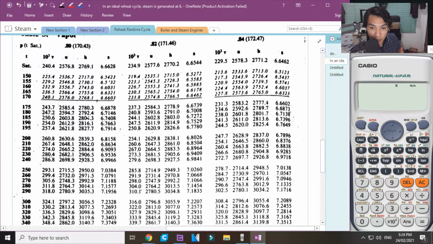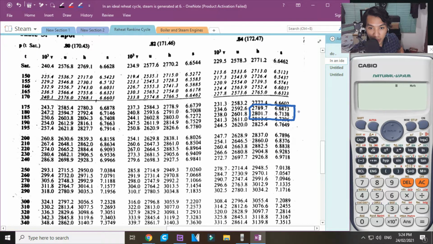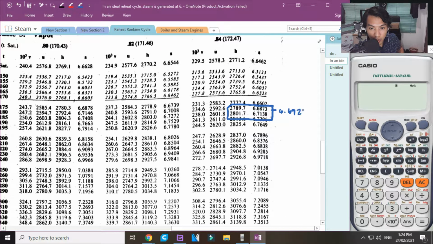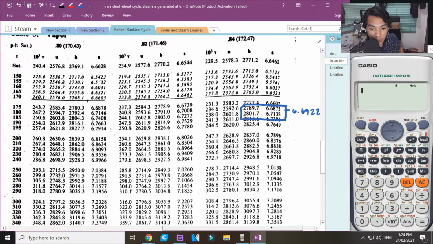Nandito. Between here. Itong dalawan to. Okay? Ito lang mahalaga eh. Nasa gitna yung 6.6922. O, anong gagawin natin dyan? So, we have to interpolate.